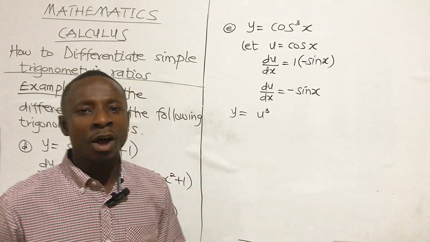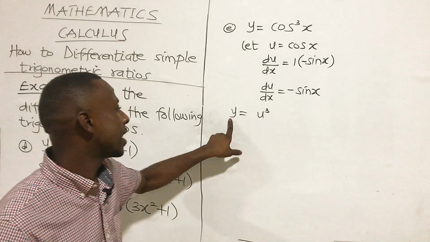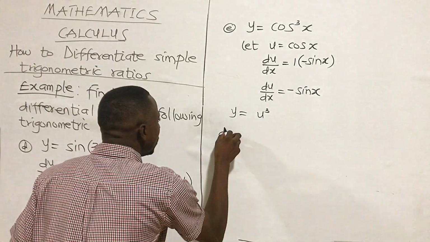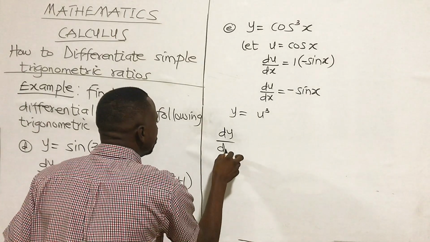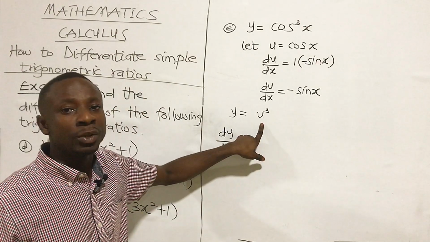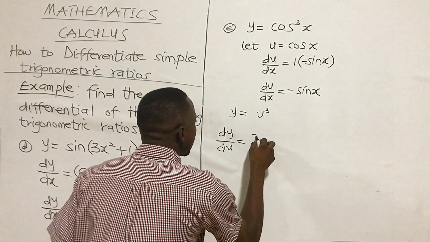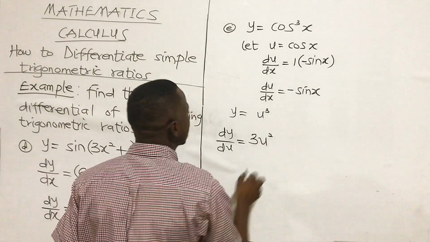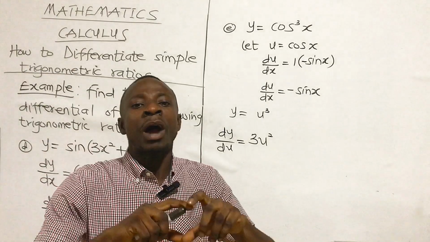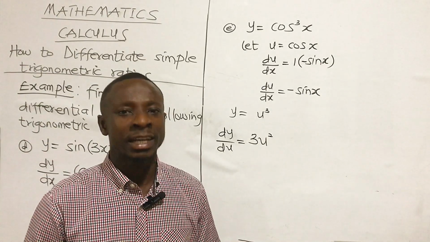So from here, we are also going to differentiate y with respect to u. So dy over du is equal to, when I differentiate u cube, we are getting 3u squared. Then from here, we are going to arrange and get the final answer.